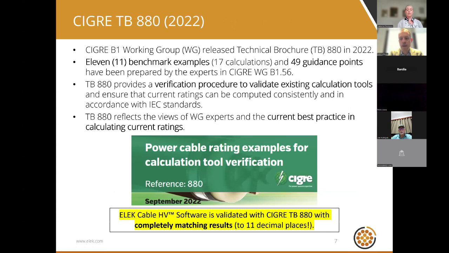CIGRE Technical Brochure 880 was released in 2022. That's because essentially many people were doing calculations to IEC 60287 and getting different current rating calculation results. So the working group decided to come together to produce this technical brochure, which clarifies and provides a lot of detailed examples.